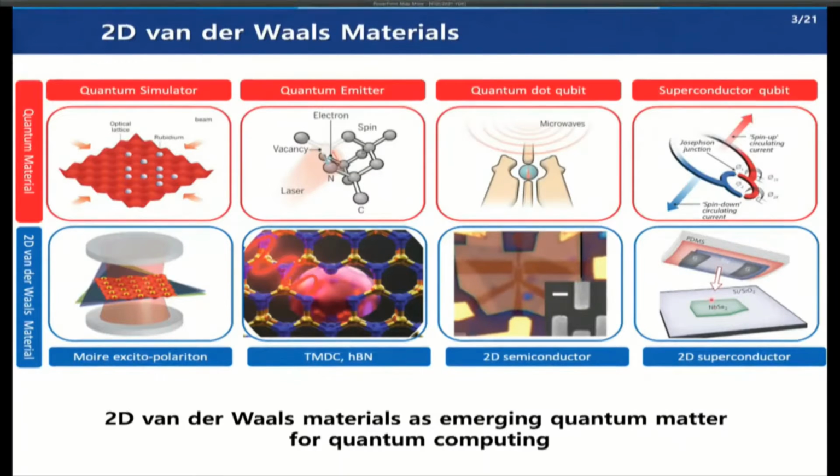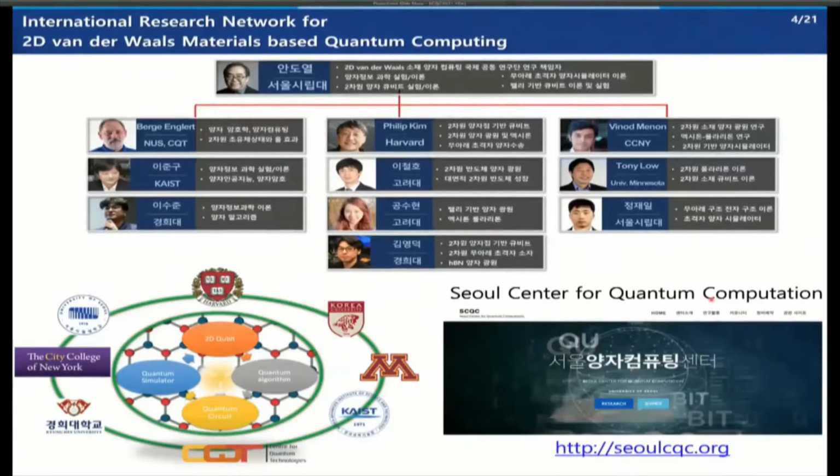Due to this kind of reason, NRF is funding an international research network for 2D van der Waals material-based quantum computing. Our team was organized by Professor An of the University of Seoul. This program encourages strong collaboration between Korean researchers and overseas researchers for developing new concepts of quantum computing.